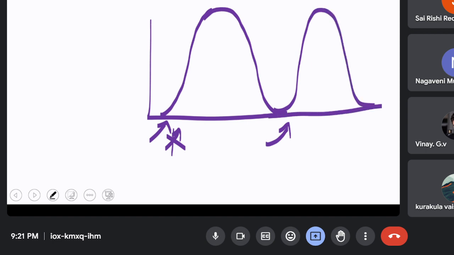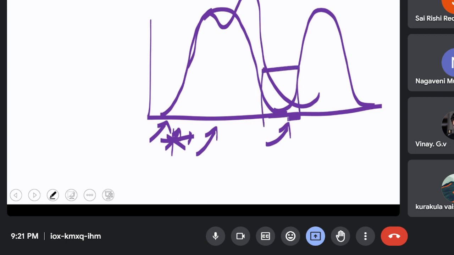But they have found that if you give a stimulus here, after a brief interval, it can respond again. So here there is a brief interval between two successive responses, which we call the refractory period. Refractory period is nothing but we can simply call it a resting period.